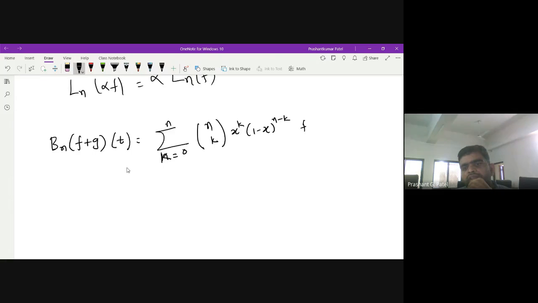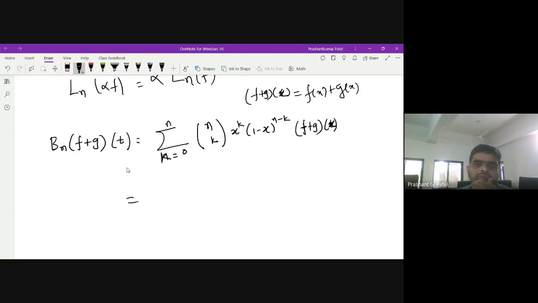So as per the pointwise addition, f plus g at x will be f x plus g x.